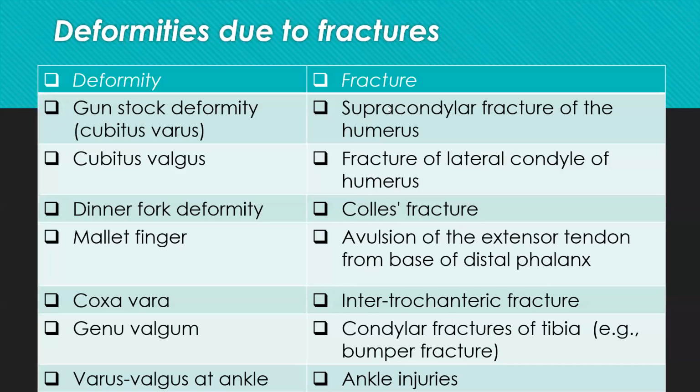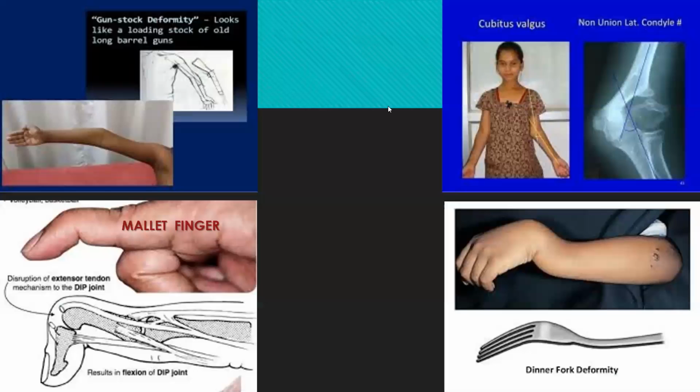One is the gunstock deformity, which occurs in supracondylar fractures of the humerus; the cubitus valgus, which is seen in non-union of fracture of the lateral condyle of the humerus; dinner fork deformity, seen in Colles fracture; mallet finger deformity, whenever there is an acute injury causing avulsion of the extensor tendon from the base of the distal phalanx; coxa vara, which occurs in malunited intertrochanteric fractures; genu valgum, in long-standing condylar fractures of the tibia; and varus or valgus deformities at the ankle also.